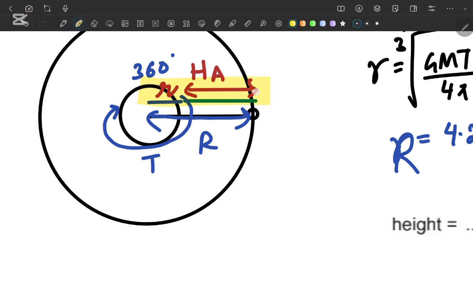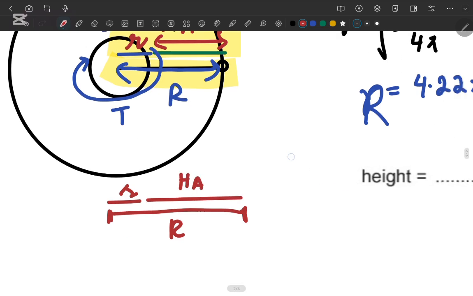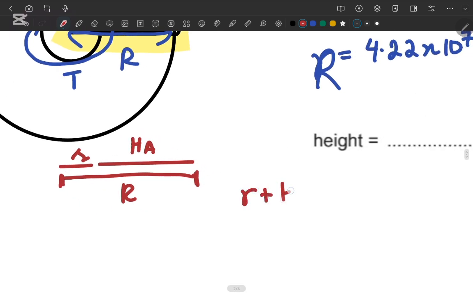So what I'm going to do here is just look at it carefully. This is the radius of Earth. This is the distance from the center of Earth to the center of this satellite. And this is the altitude, the height HA. So R plus HA is equal to the R value that we found.